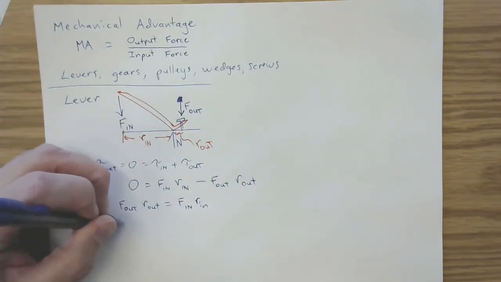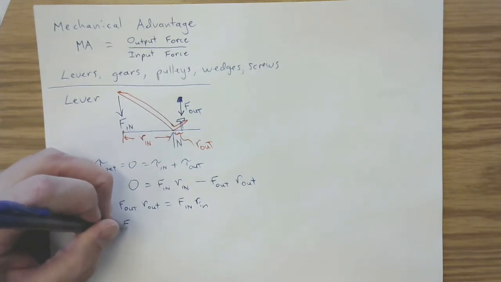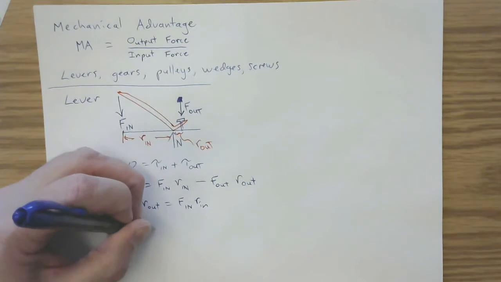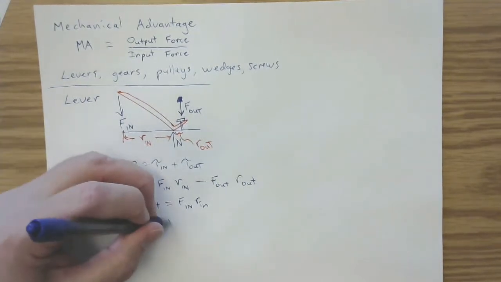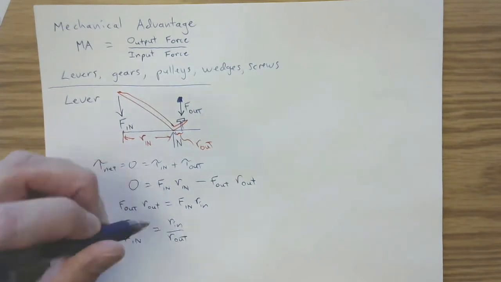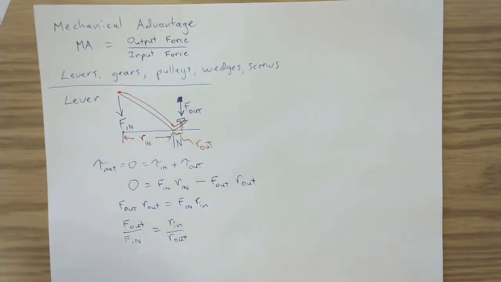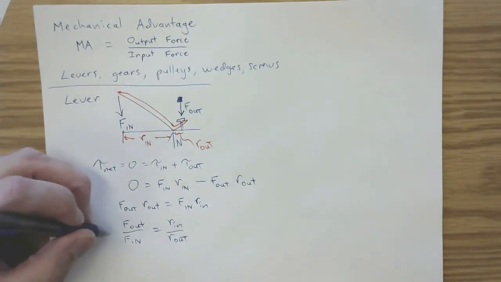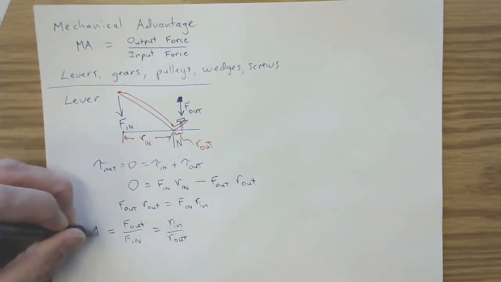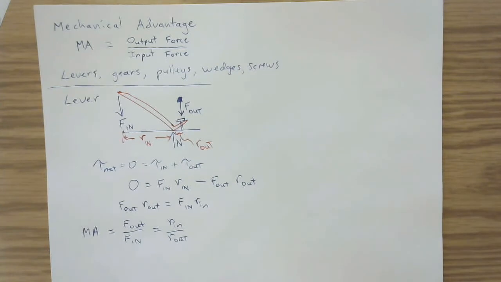And then I can divide by F in. So I get F out over F in, and this is equal to R in over R out. And output over input is the mechanical advantage.